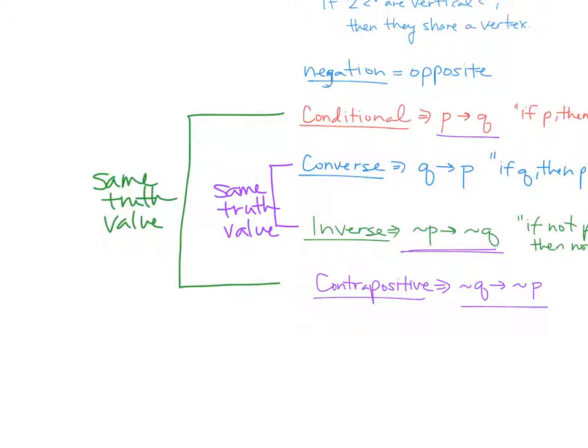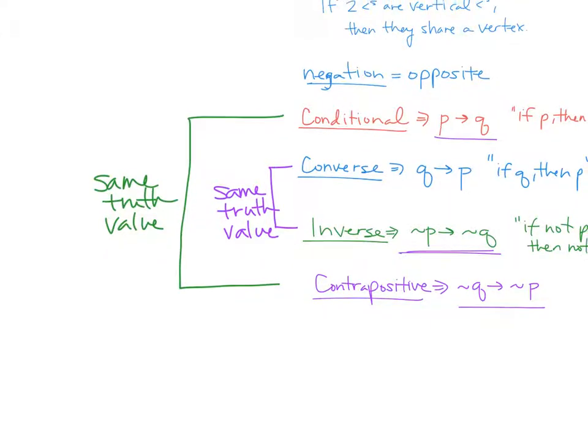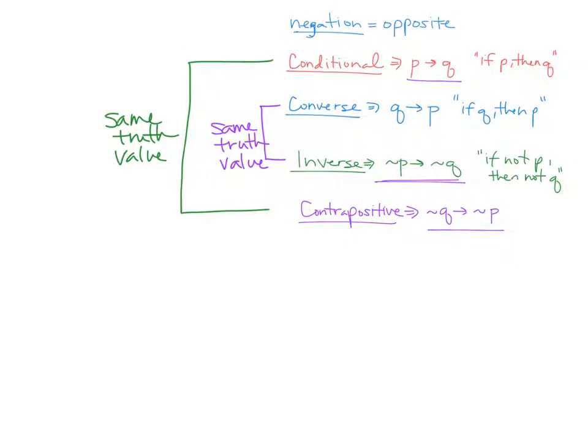Okay? So let's just think through what your options are here. If you have conditional, converse, inverse, and contrapositive, if my conditional is true and my converse is true, what's my inverse going to be?